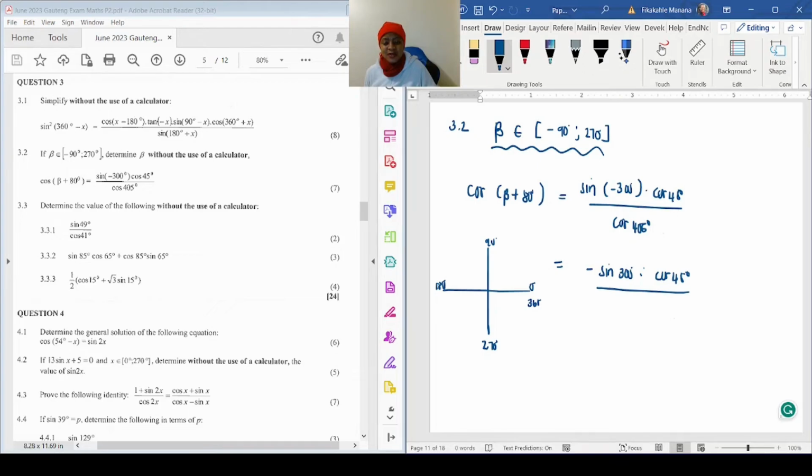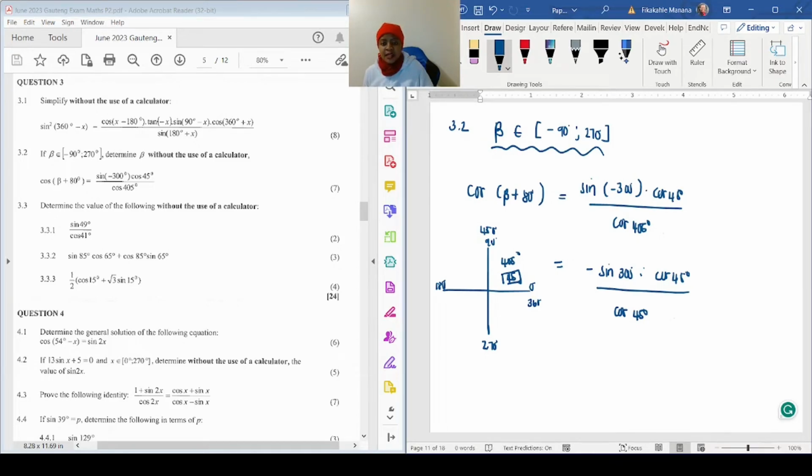So multiples of 90, this would be 450. So 405 is in there. If I want to know what the value is, I would say 405 minus 360, and oh, okay, that is 45. So 405 is equivalent to 45, in the first quadrant. So we have cos 45 there.